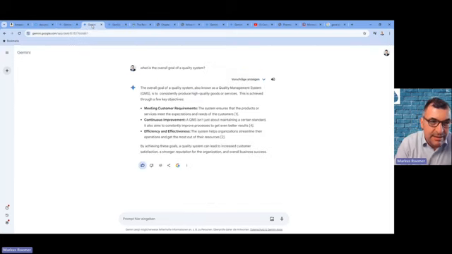I also asked Gemini, what is the overall goal of a quality system? Because if you look at the quality system regulations for medical devices or the PQS, the pharmaceutical quality system as defined in the ICH Q10 reference, for example, but you could also go to a usual QMS, quality management system, if you have a product, or if you have a hotel or you want to sell ice or whatever you do, then you have a product and then you have a quality management system.